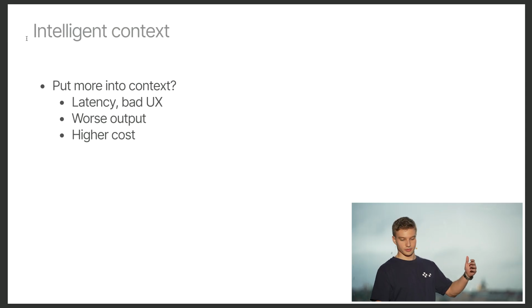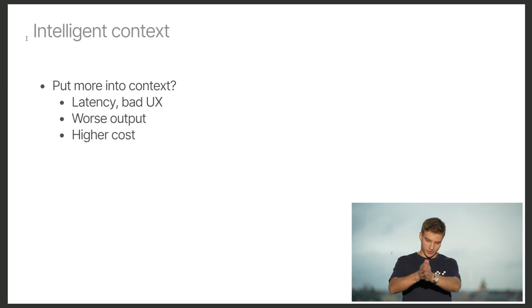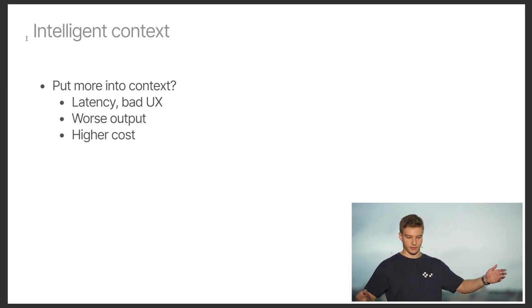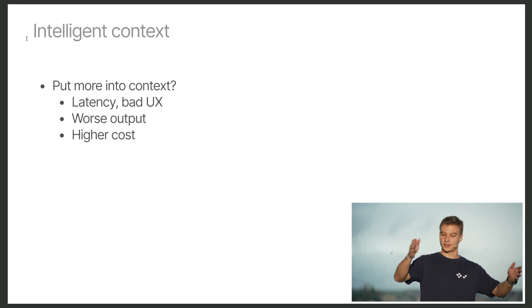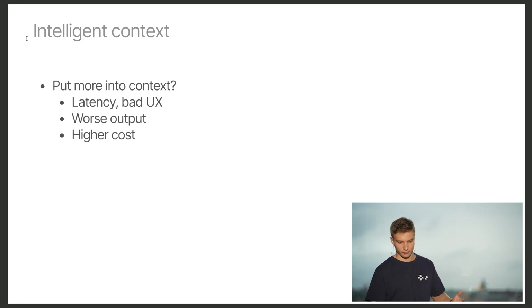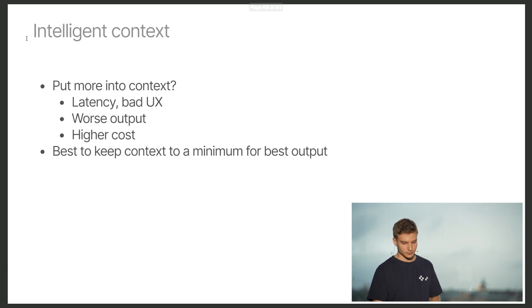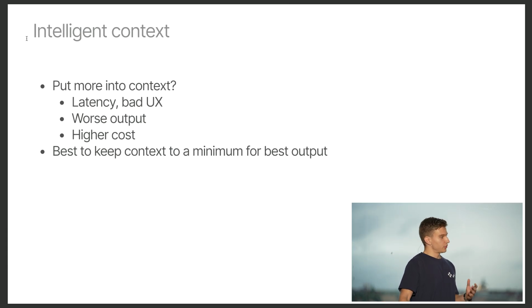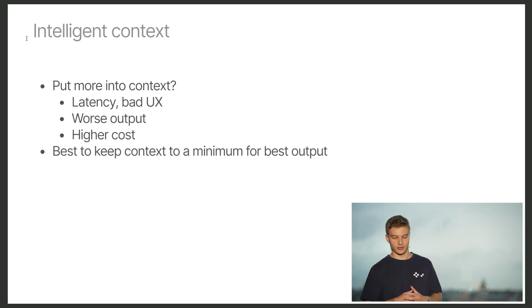The output also becomes worse the more you put in, because the model has a certain amount of attention. If you put in a lot of stuff, it will divide its attention on all of the different stuff, and it will just pick something to go with. You will not have any control of the output. And of course the cost will increase as well. So we want to keep the context to a minimum for the best output.